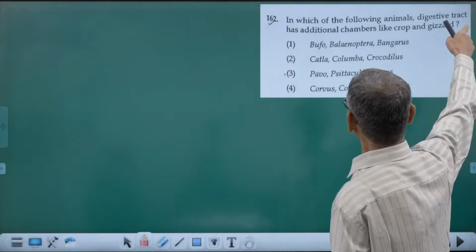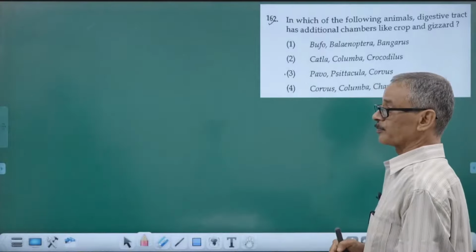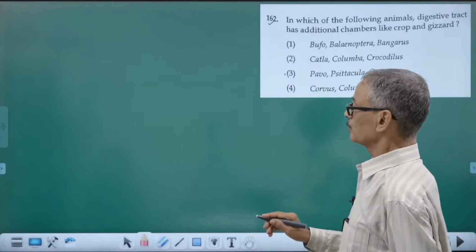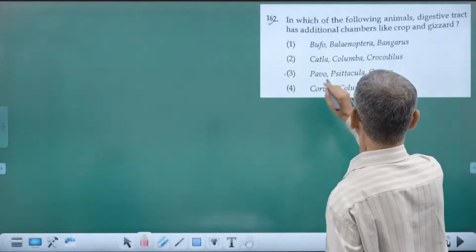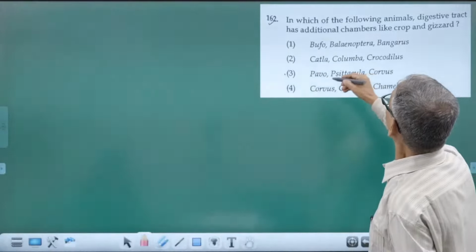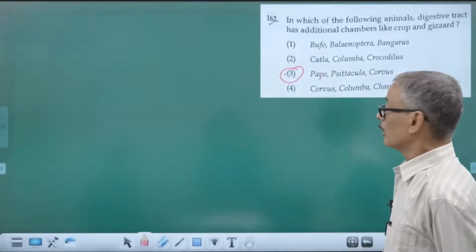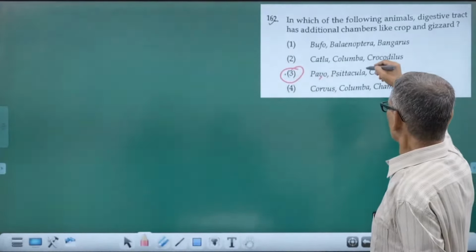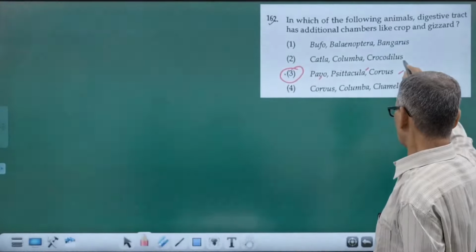The digestive tract has additional chambers like crop and gizzard. They are present in birds. So, the question is, which group includes only birds? Pavo cristatus, peacock, Psittacula krameri, parrot, and Corvus, crow.